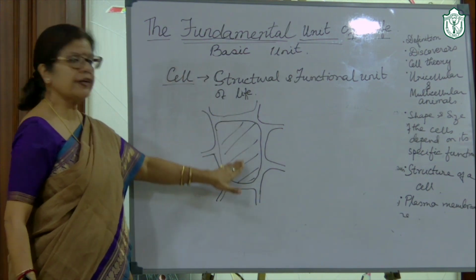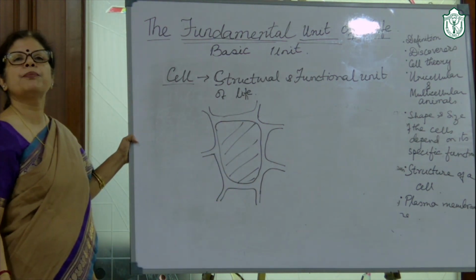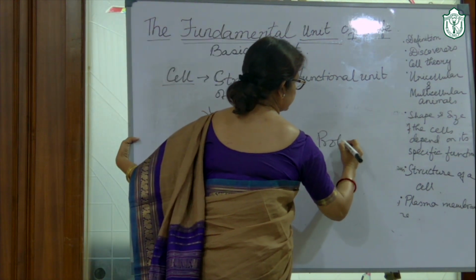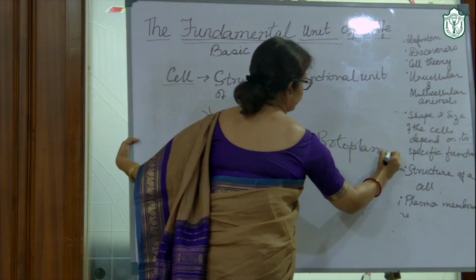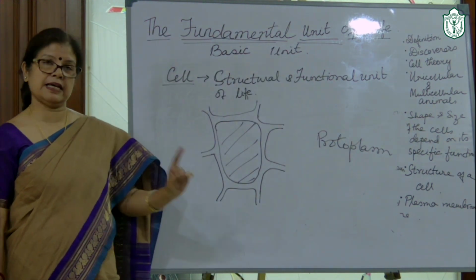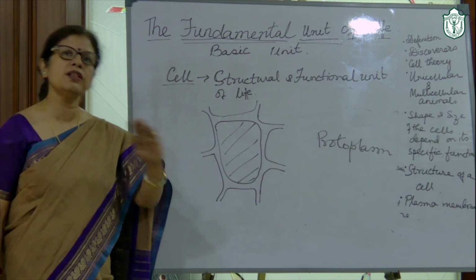Now, the whole of this inner content is known as protoplasm. And what is the outer covering? First I will tell what the outer covering is. It is present in all cells.